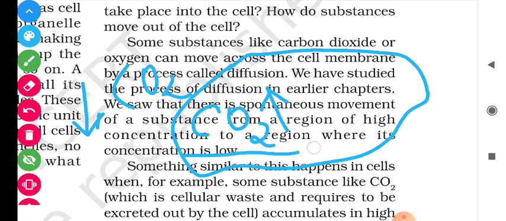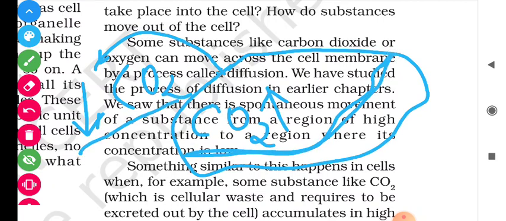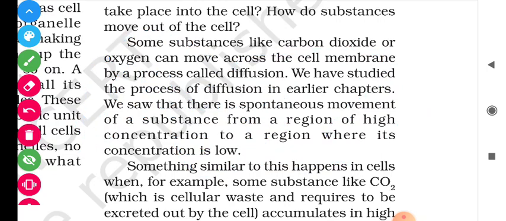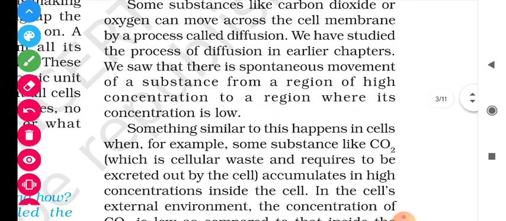From the higher concentration to the lower concentration. The carbon dioxide will flow from the cell to the external environment, because there is a higher concentration of carbon dioxide inside the cell and a lower concentration outside the cell. So where the concentration is low, at that place the substance will start to flow.